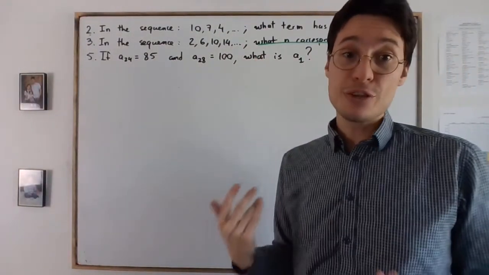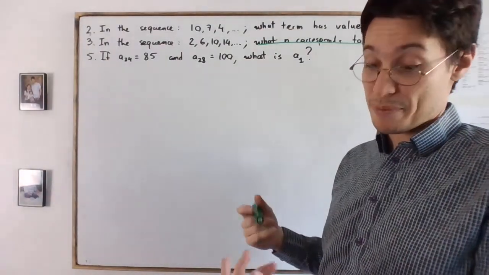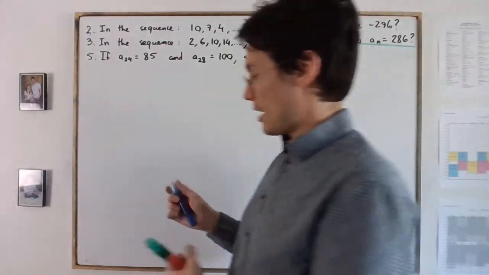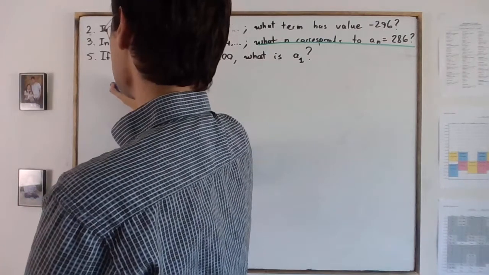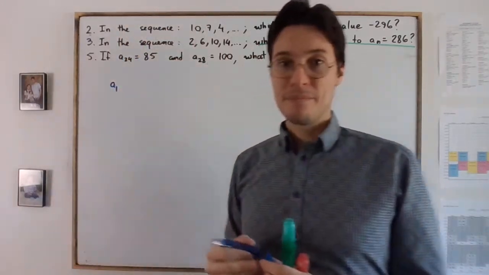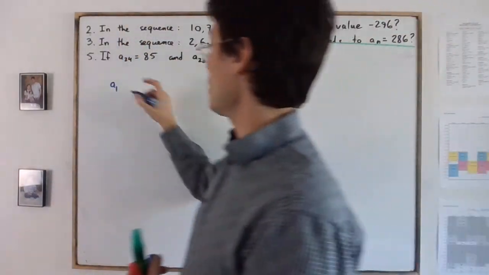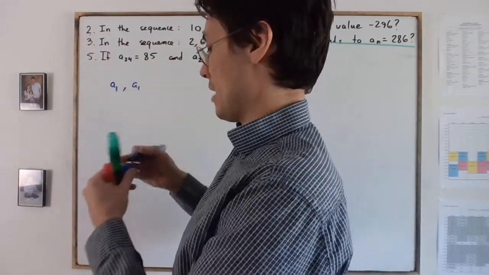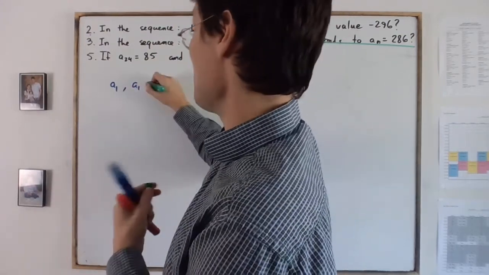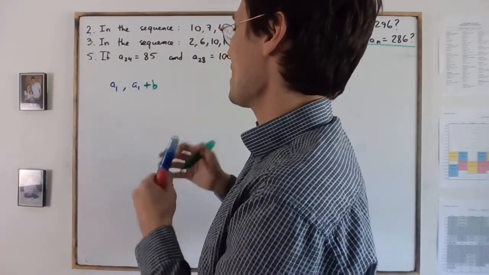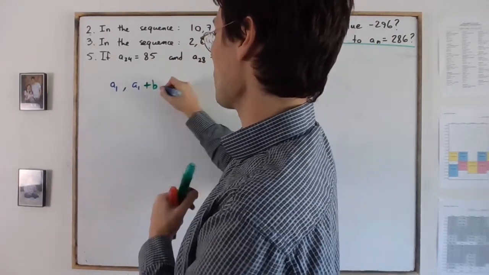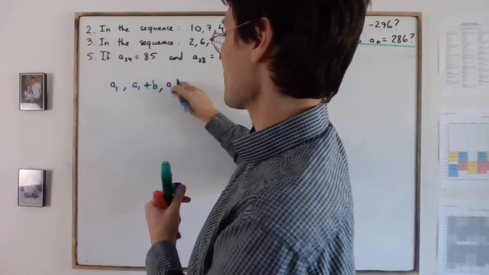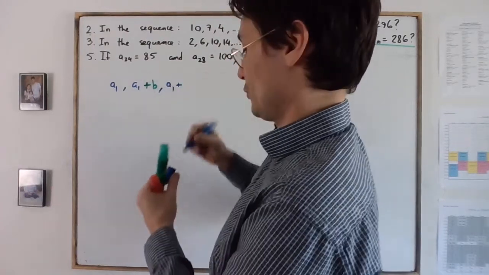And we're just going to do a very general setup. We will have a sequence that starts at A1, and then we will have A1 plus B. Then, as you can see, we will have A1 plus 2B.